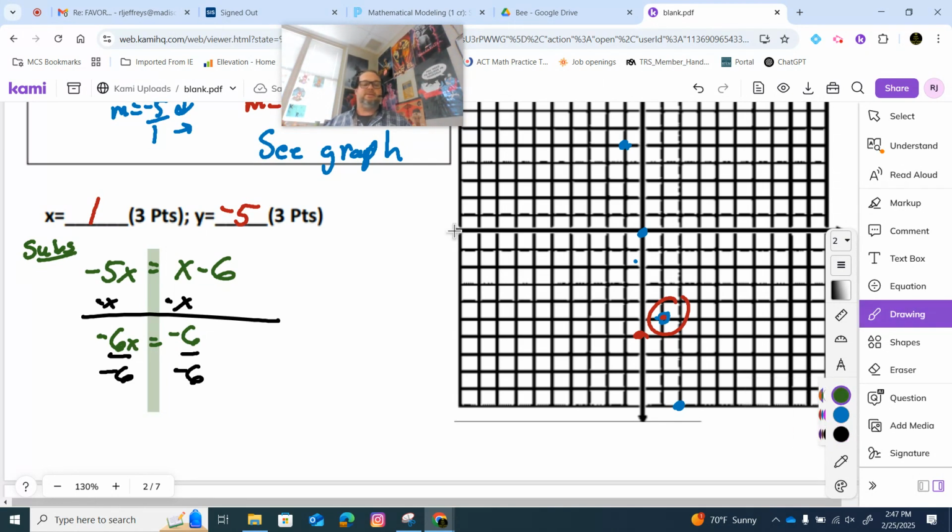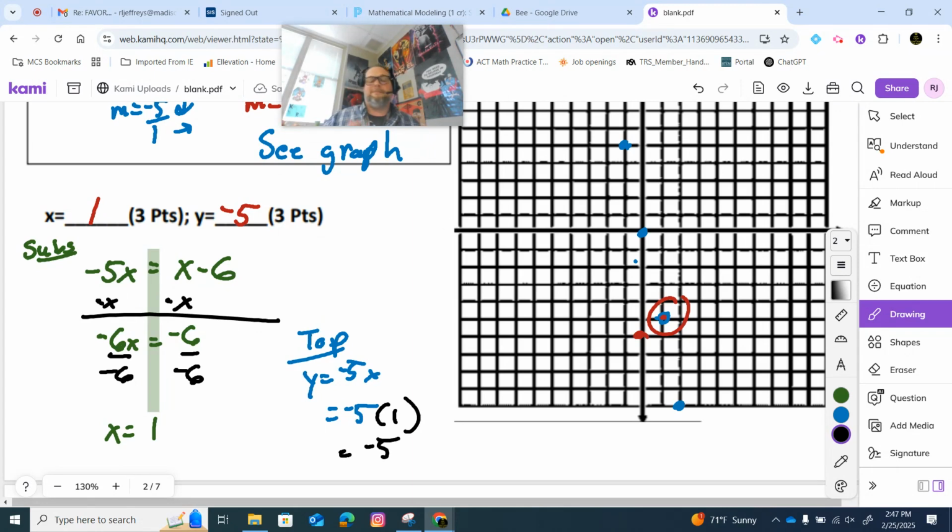All right, so x would be 1. And then I would have used the top equation, y equals negative 5x. Why? Because it's the easiest one. And I would have got y equals 5.